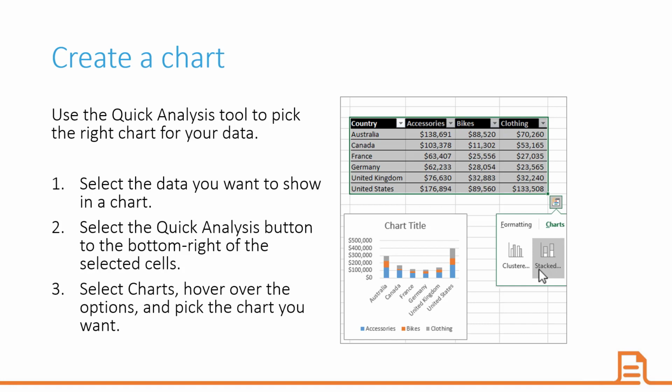Next, create a chart. There is a Quick Analysis tool which allows us to pick the right chart for our data. So what we're going to do is build this data set in Excel.